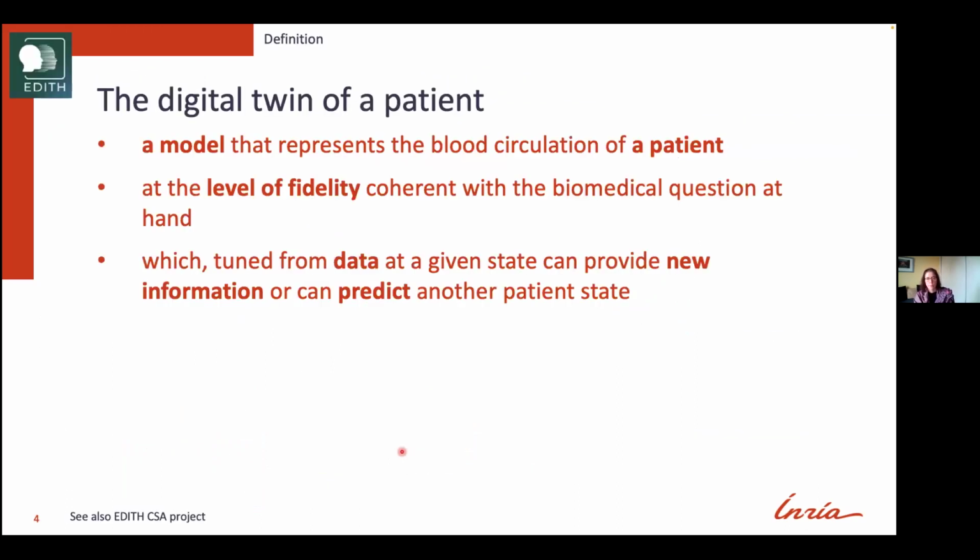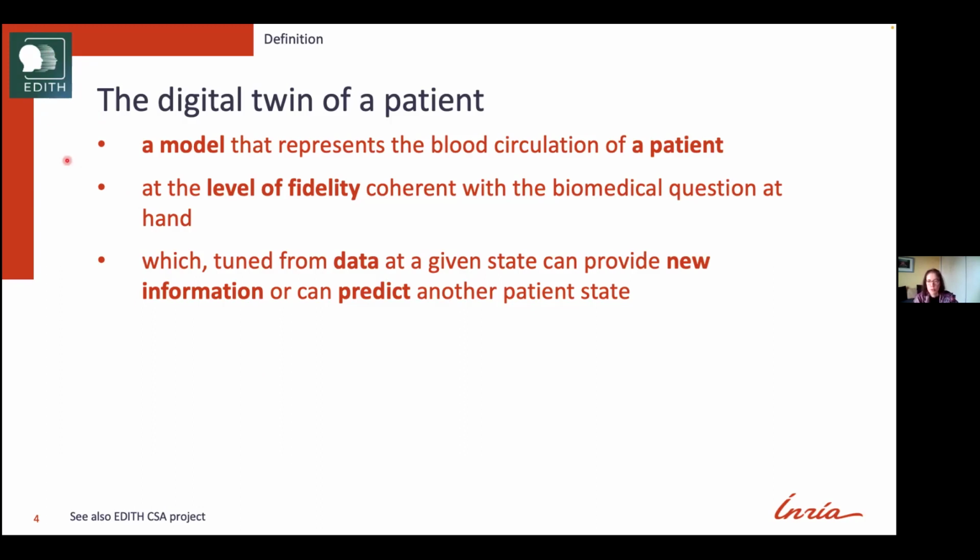So all this is in the context of a new word, a pop-up word that maybe you have heard a lot about. So I thought it's good to label a bit what we mean by digital twin of a patient. And this is part of the work of a European consortium called EDIT, which aims at gathering together all the human virtual twins developed within Europe.